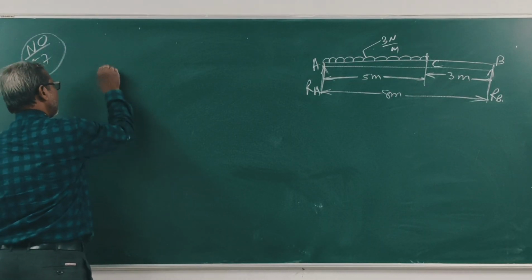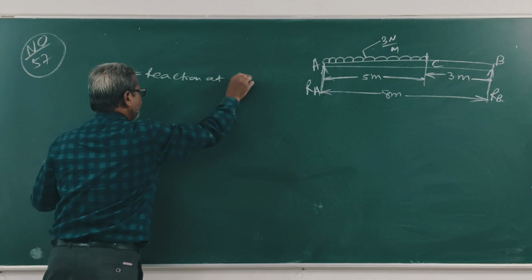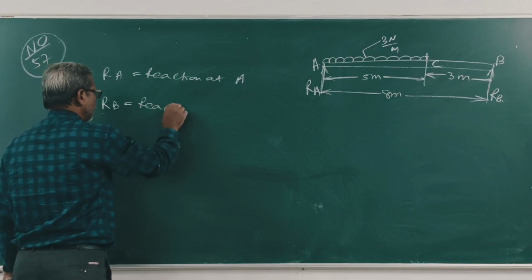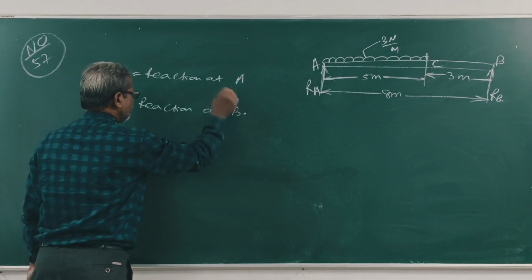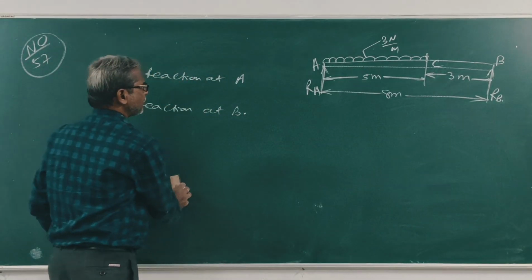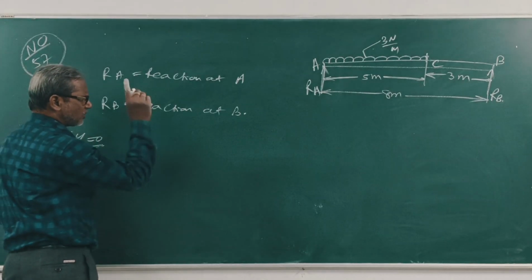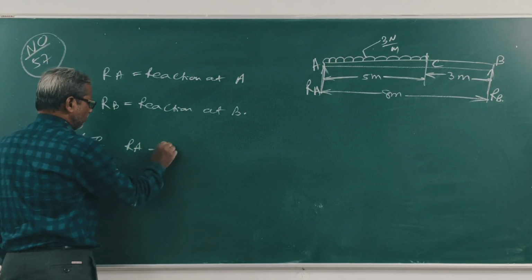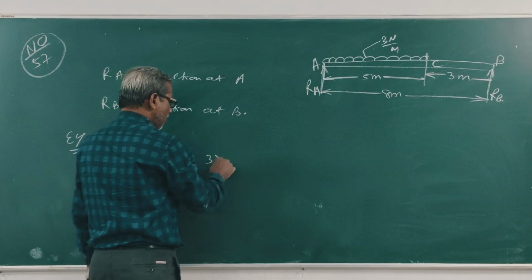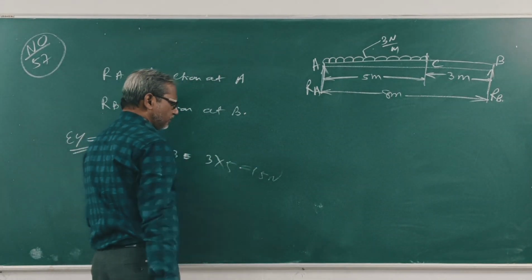Let RA be the reaction at A, RB the reaction at B. First make sigma Y equal to 0: upward force equals downward force, RA plus RB is equal to 3 into 5, 15 Newton. Clear?